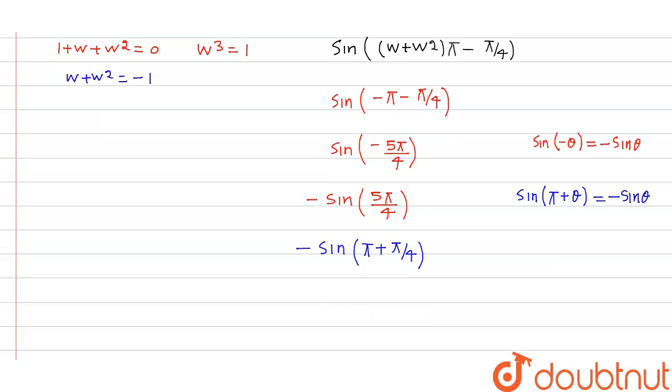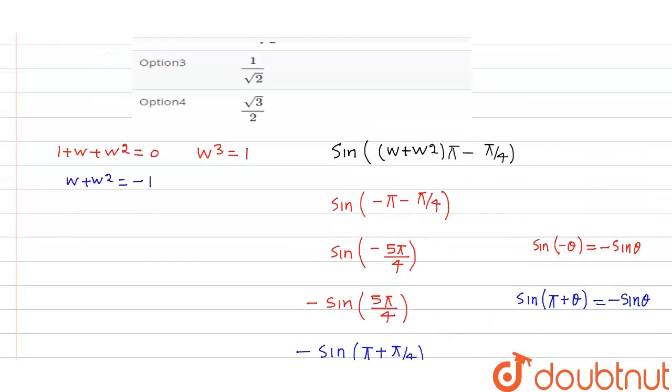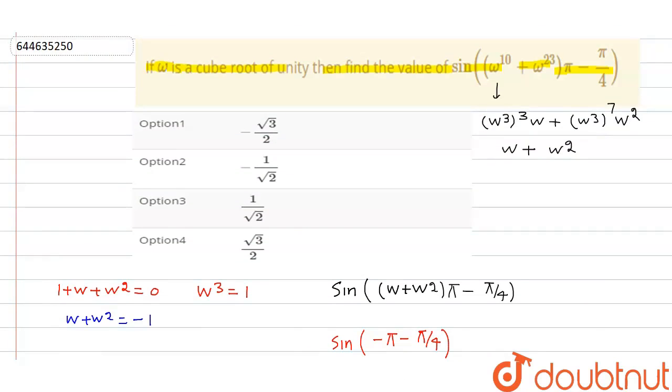That means this is minus, and this is minus into sine pi by 4. So this will be 1 upon root 2. Okay, so our correct option is option 3, which is 1 upon root 2.